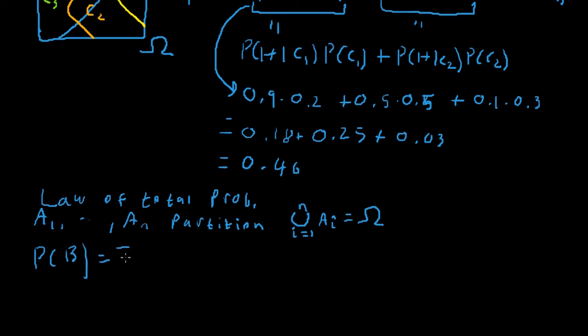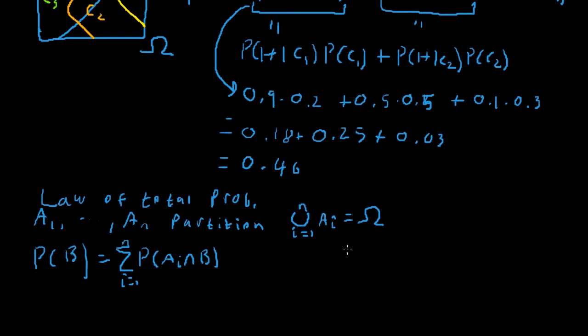So this is the sum, i equals 1 to N, of the probability of Ai and B. And then, from here, you can use our factorization to turn these intersections into conditional probabilities, which are usually the piece of information that we'll have that we can actually compute with.